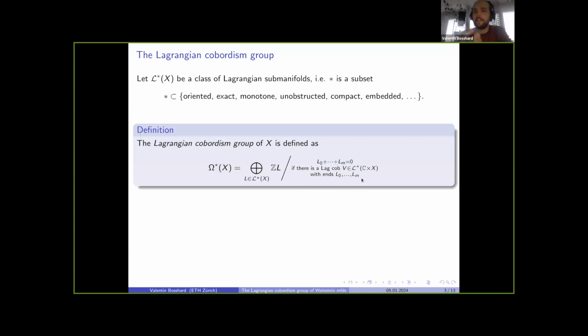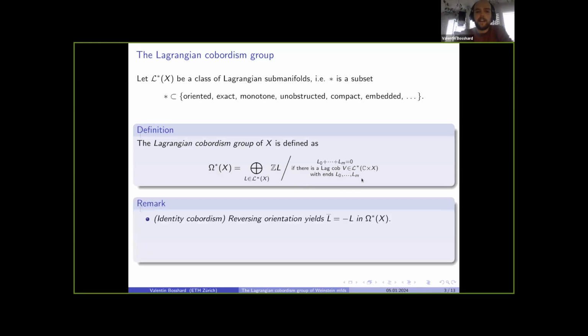Maybe just that you get a feeling of how this may look like. In this Lagrangian cobordism group, if L is an oriented Lagrangian submanifold, then if you reverse the orientation, this will produce a minus sign. So L bar is equal to minus L in the Lagrangian cobordism group. And for that, you just need identity cobordism.